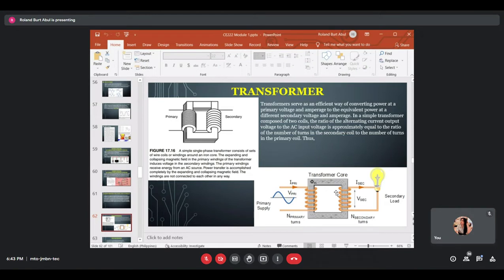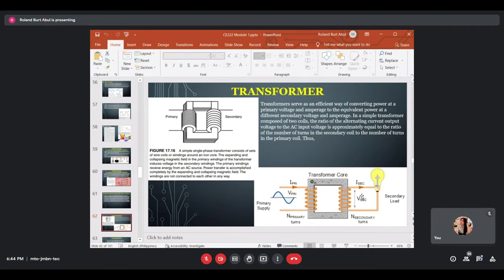Karon when current and voltage is flowing through the primary side, mag-produce siya og magnetic field. So this magnetic field induces voltage on the secondary side. So ang voltage nga na-produce produces current which in turn maoy ginagamit pang supply sa balay. So ang value ani nga voltage is gamay na siya because i-step down siya sa transformer. Kaya kung dili na i-step down, mga daot ang atong mga appliances.